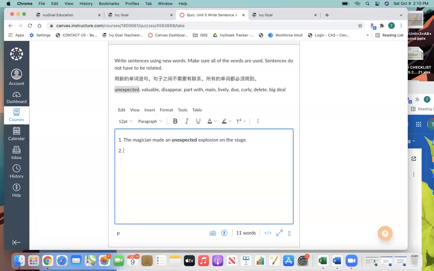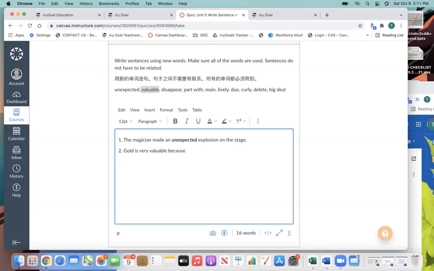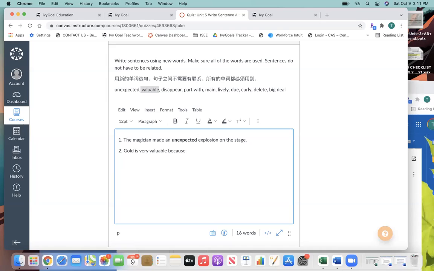Okay. Number 2, valuable. Can you think of something that's valuable to you? What is your most? Gold is very valuable. So true. If you had gold in your house, you wouldn't want to lose it, right? Why do you think it's very valuable? Can you explain why it would be valuable?